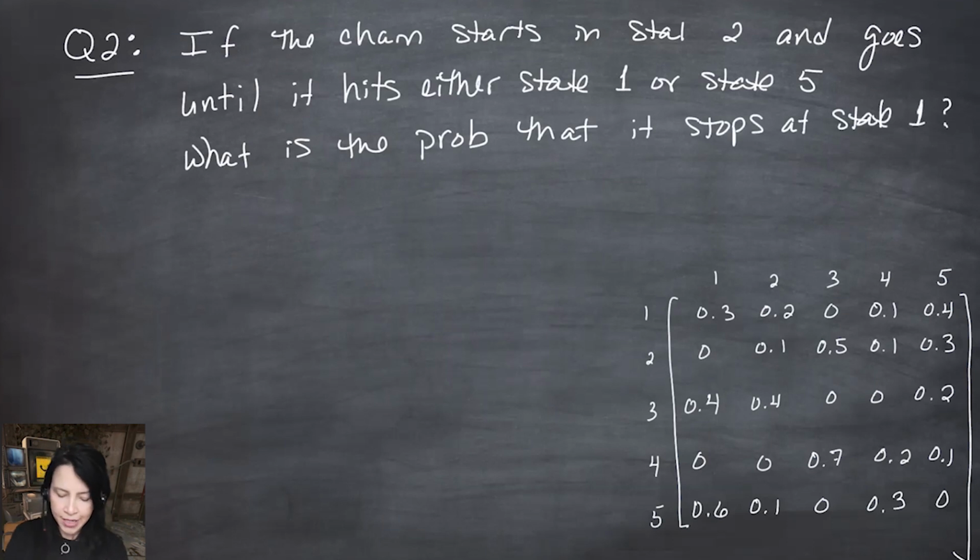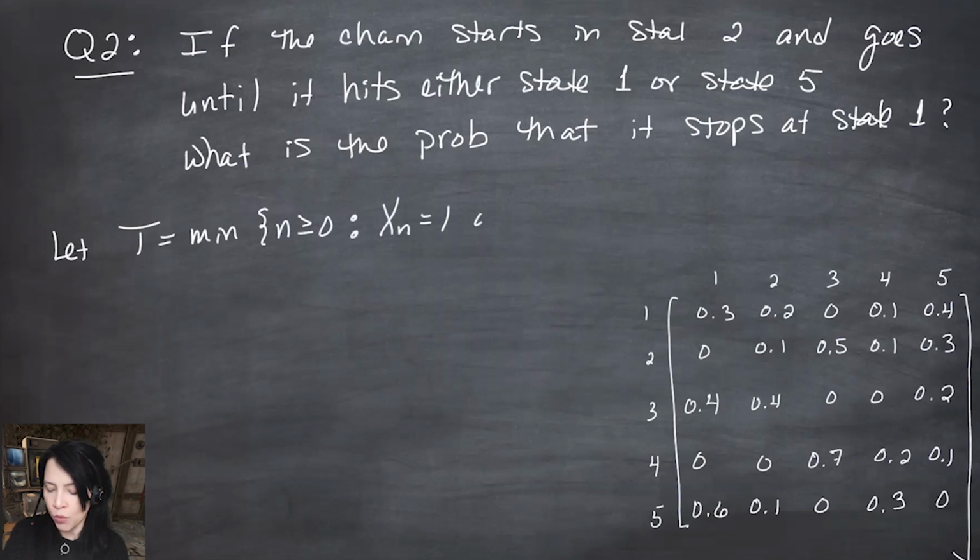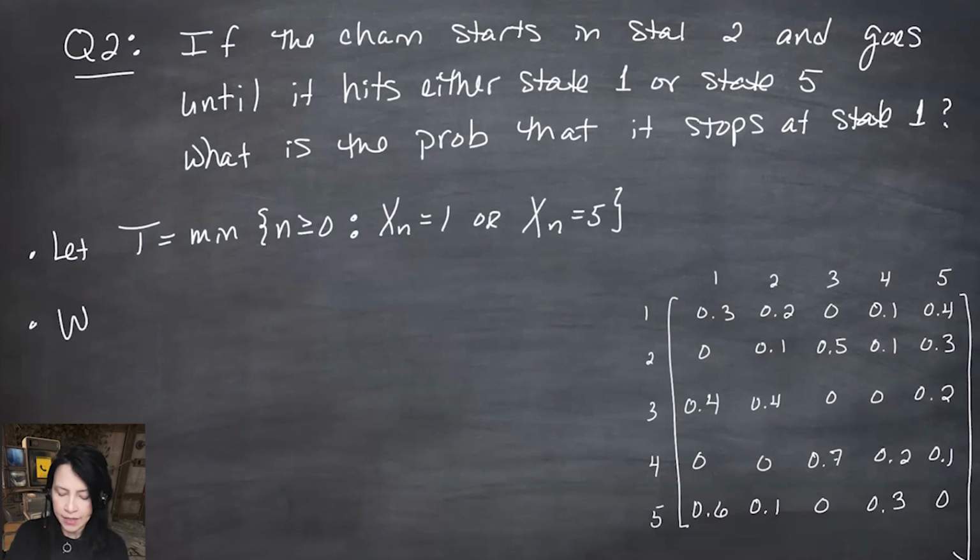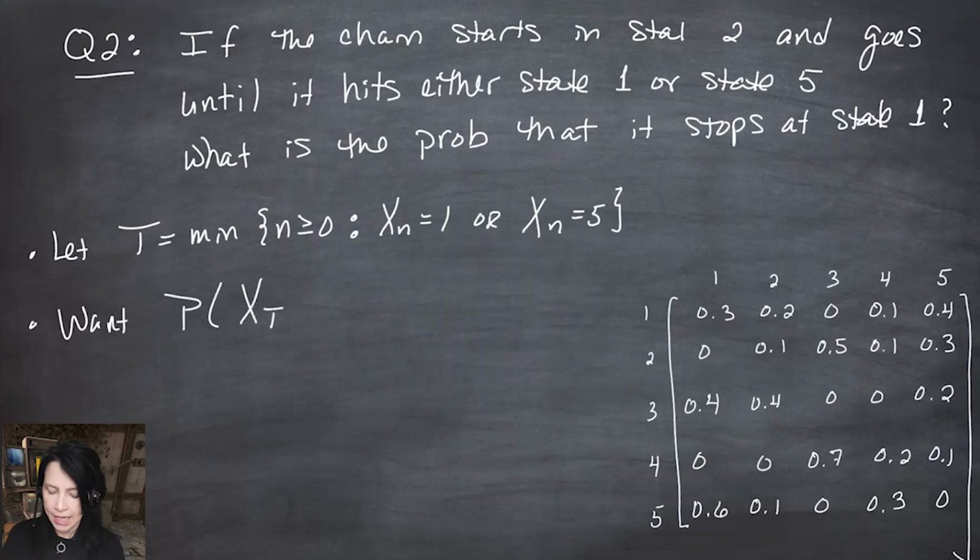Let's set up notation. I'm going to let t be the first time, the first hitting time on states 1 or 5. So the minimum for n greater than or equal to 0, such that xn is 1 or xn is 5. What we want to find is the probability that the chain at time capital T is 1, given we started at state 2.